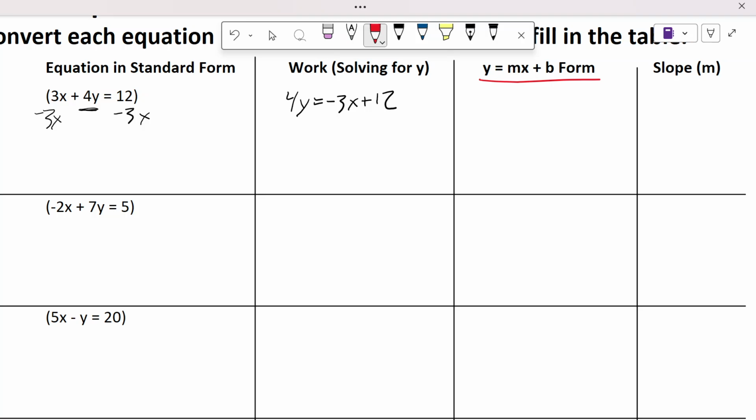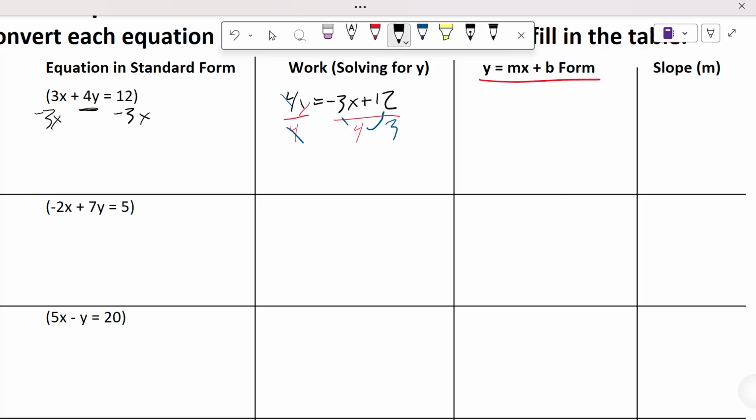Okay, and we still have an integer on our y value, so we're going to want to get rid of that. And how we isolate y in these instances is we divide both sides by 4. Divide by 4, divide by 4, and that will cancel out the 4's. 4 divides 12 3 times, and then this will just turn into a fraction.